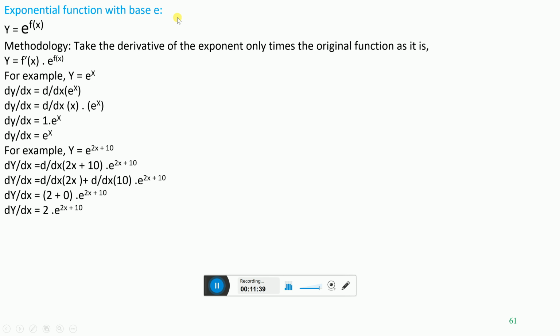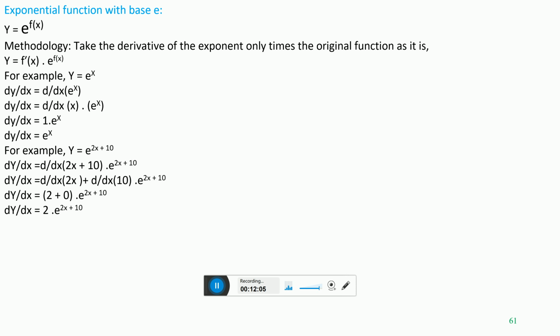Exponential function with base e. This is another rule for finding the derivative of functions which carry base e. The methodology is this: we take the derivative of the exponent only, and times we write the function as it is.